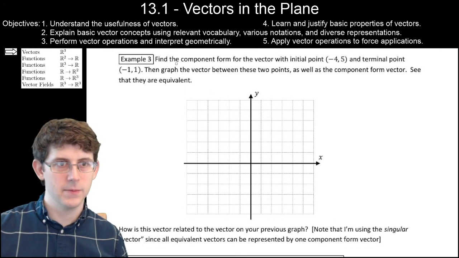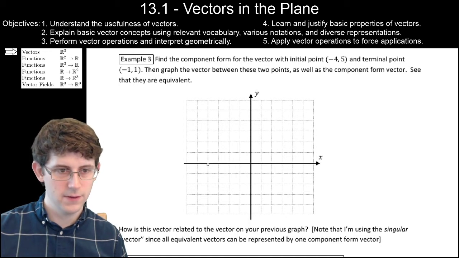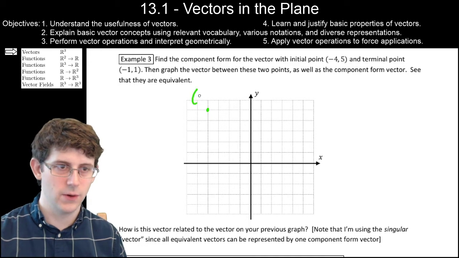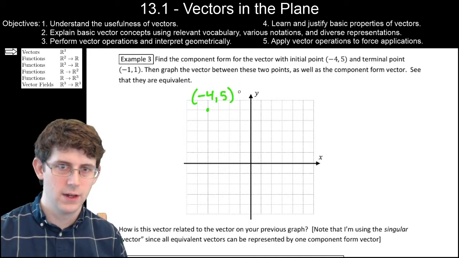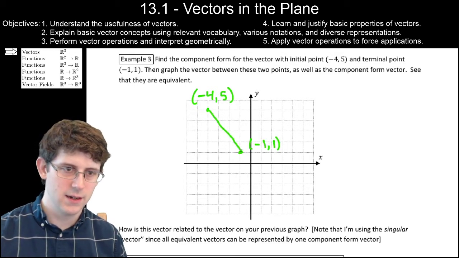Find the component form for the vector with initial point minus 4, 5. So here's minus 4, 5. And terminal point minus 1, 1. So here's our vector.